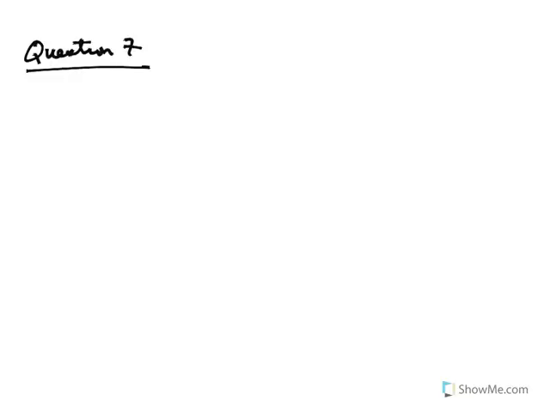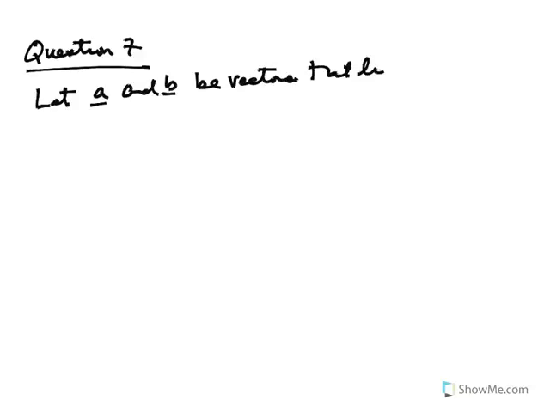Let's go on to question 7. Question 7 says, let A and B be vectors that lie in E3.